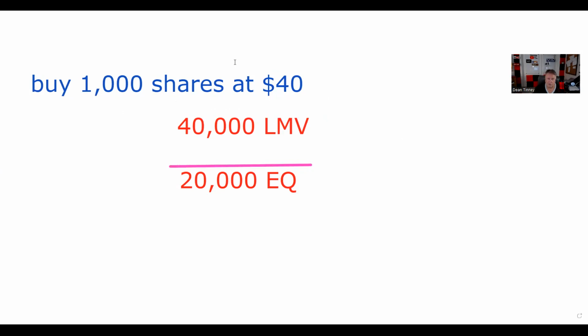And then the broker dealer can loan you $20,000. That's called your debit balance, and that's what you owe the brokerage firm. And this is very testable. This is called the classical margin equation, and you should definitely know it. Long market value minus debit equals equity.